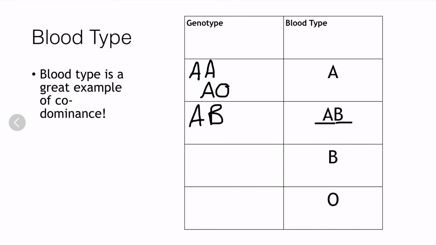For B blood, I would have to have B, B. I could also have BO here. And for O type, I have to have OO. Okay, that is expressed. Okay, and that is all for this presentation.